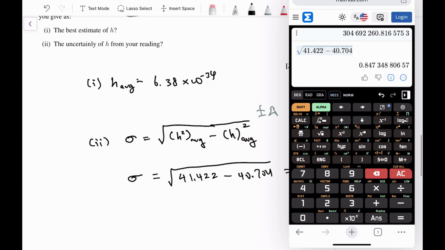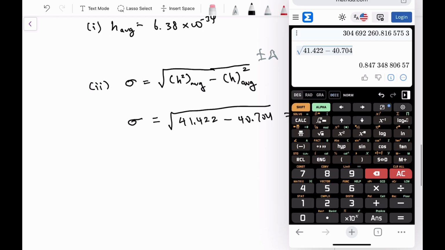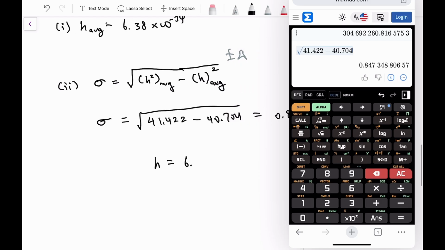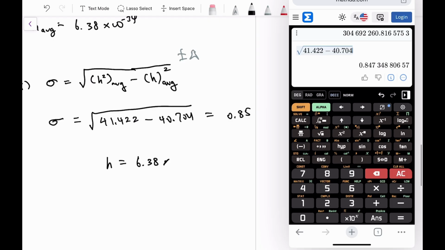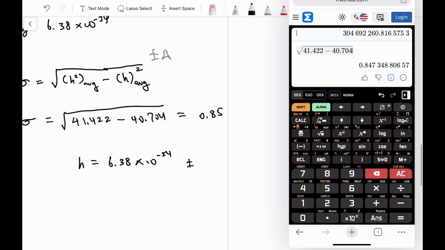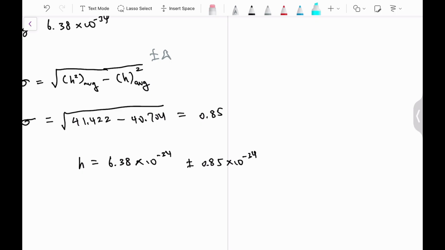So the uncertainty is just, so h is equal to 6.38 times 10 to the minus 34 plus or minus 0.85 times 10 to the minus 34, and that will be the answer to the question.